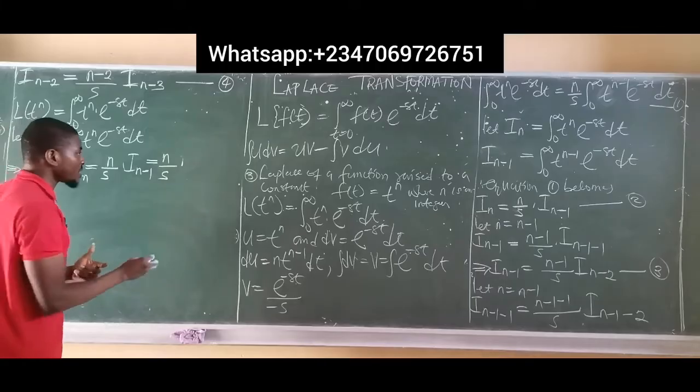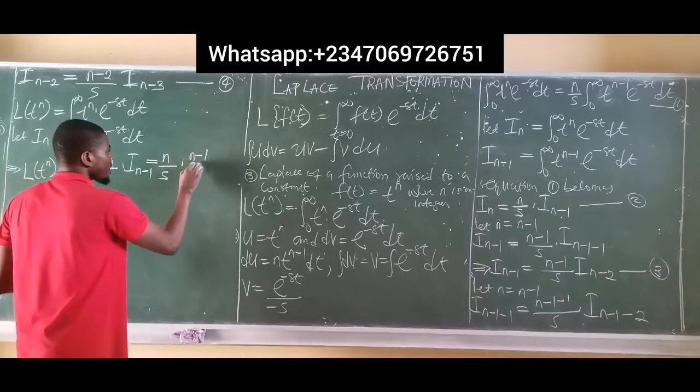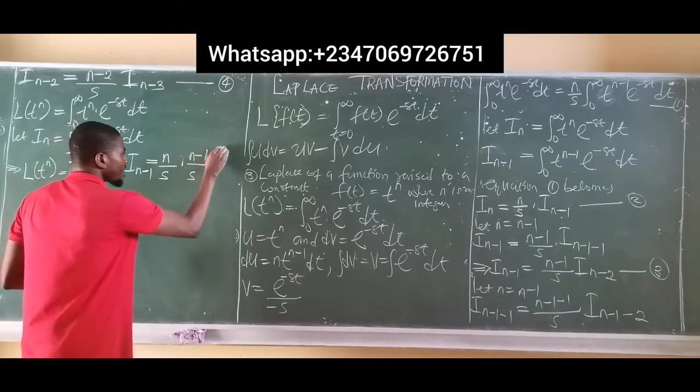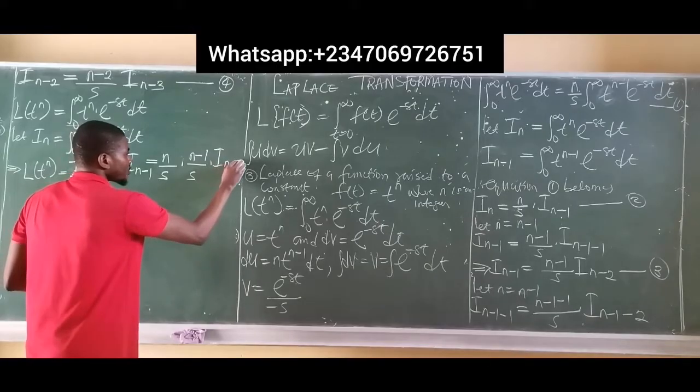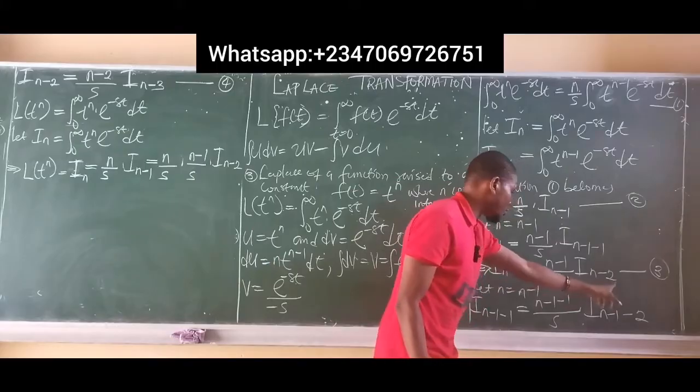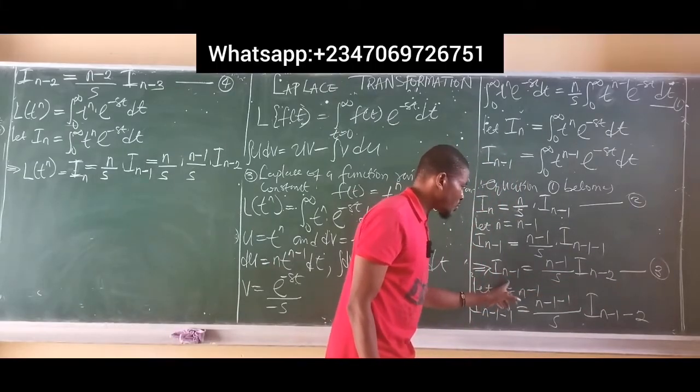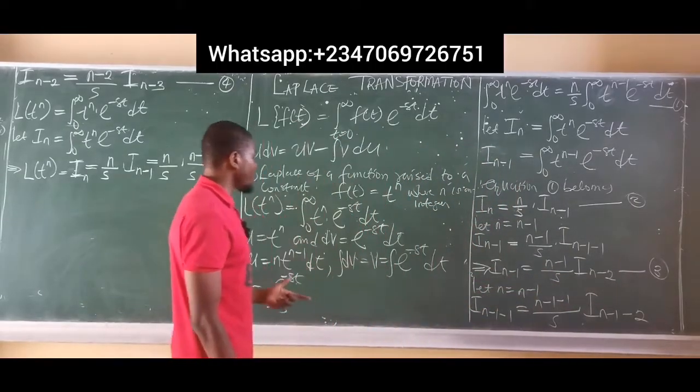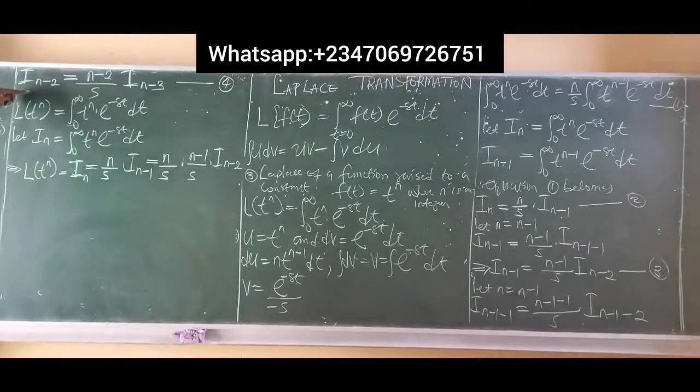But I n minus 1 will give us n minus 1 all over s multiplied by I n minus 2. So this gave us I n minus 2 in place of I n minus 1. But then we also have a value for I n minus 2, as can be seen here.